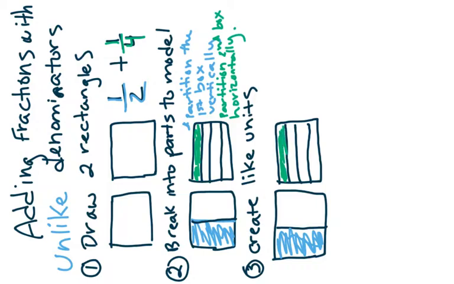But now we're going to create like units. You're going to divide the first box horizontally into the same units as the second box.